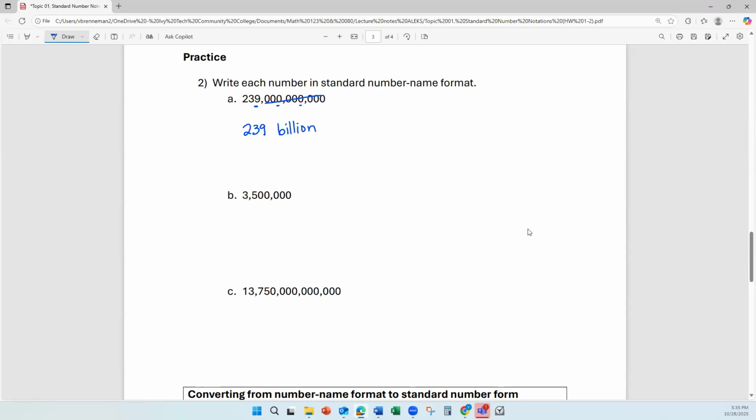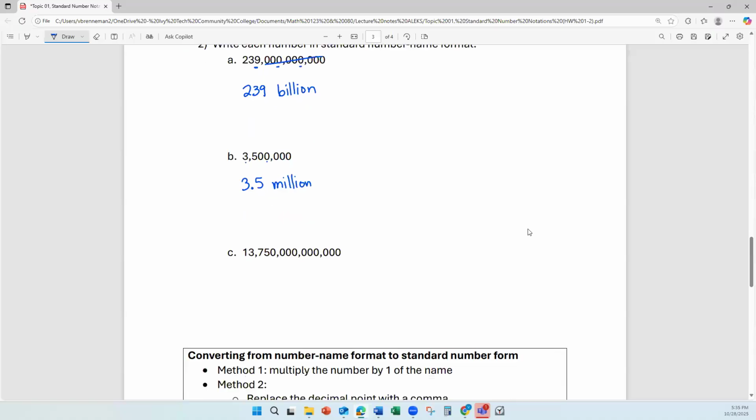Then this next one, it's going to be 3.5, so replacing that first comma with the decimal point, and this is 1,000 million. All of those zeros, once there is no more non-zero digit, then all the zeros can just go away. And then this one here, we have 1,000, million, billion, trillion.